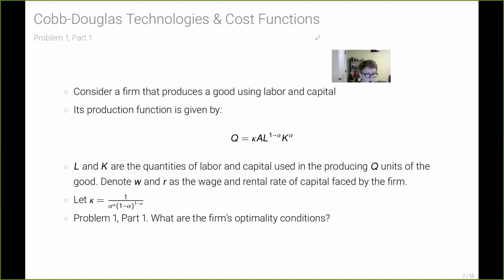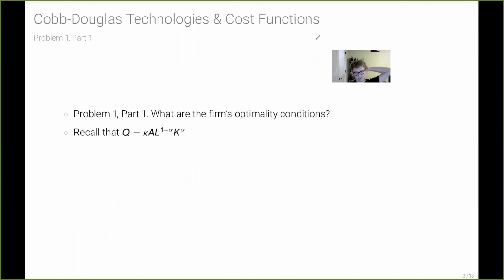So problem 1, part 1, what we're going to think about is what the firm's optimality conditions are going to be. The first thing that we want to do is recall their production function. Going back to section 1, part 4, where we learned about Cobb Douglas utility functions, what did we say here?